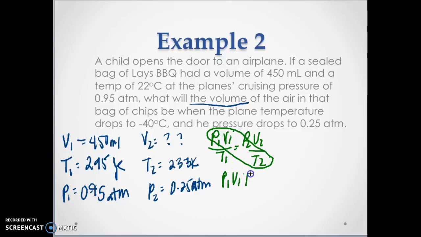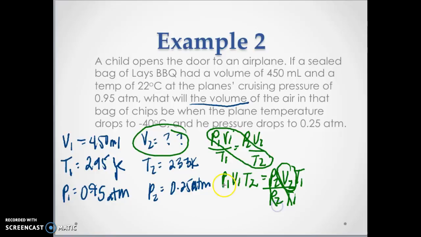P1 V1 T2 equals P2 V2 times T1. And we want the volume at the end. So we're going to divide by whatever's next to it and put it on the other side. And now that we have our formula, now we just plug things in.